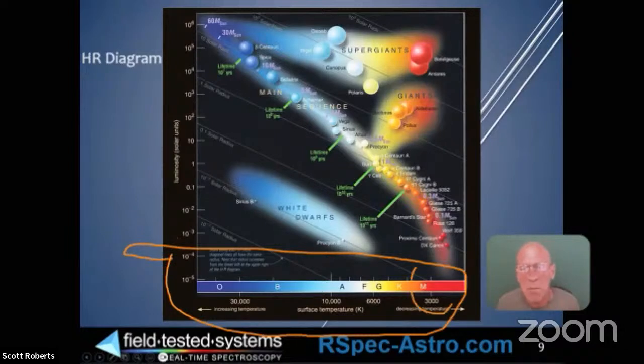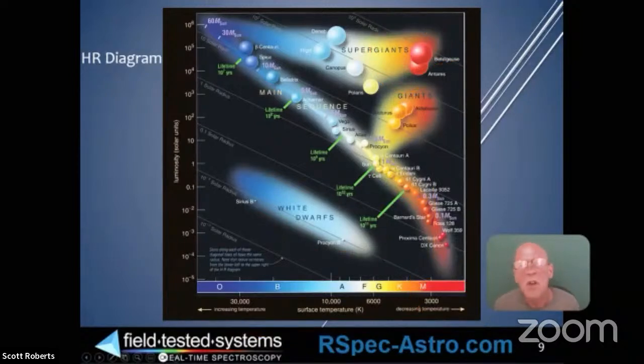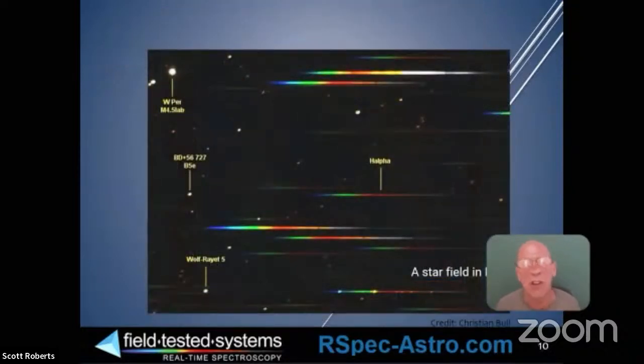And a type M star is a cool star, and in this case, the star we're looking at, we know from its spectrum, is a supergiant. And there we can see it's just like Betelgeuse, for example. And we learn that from the spectrum. So what we're learning is how to navigate this map of star life cycles with data that we captured ourselves.